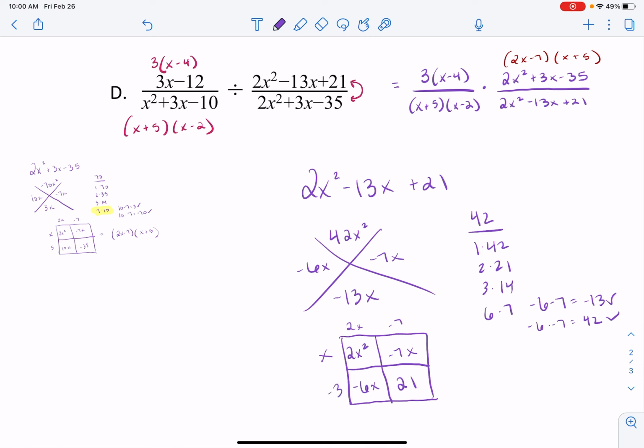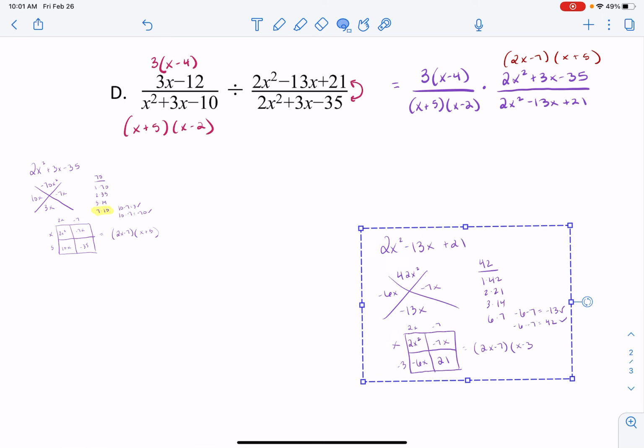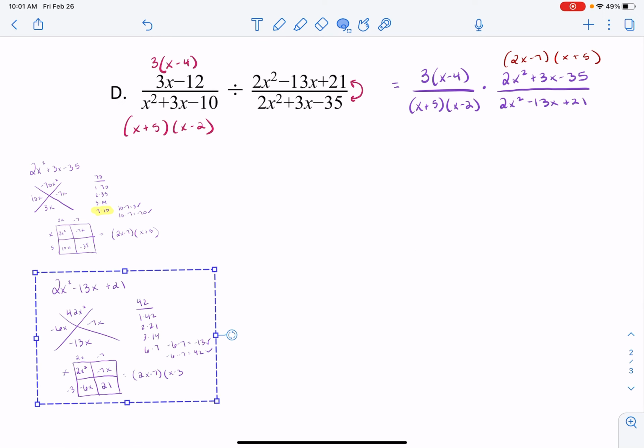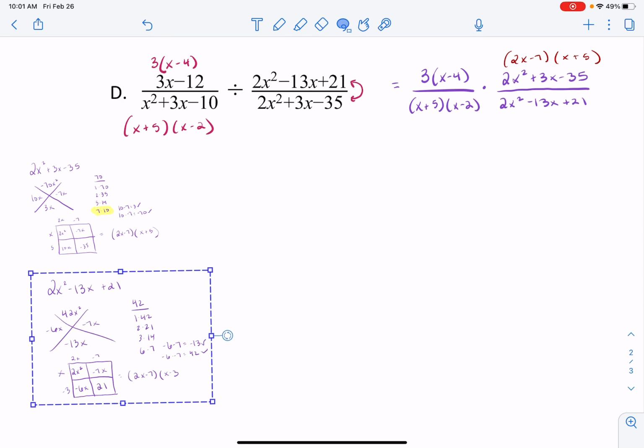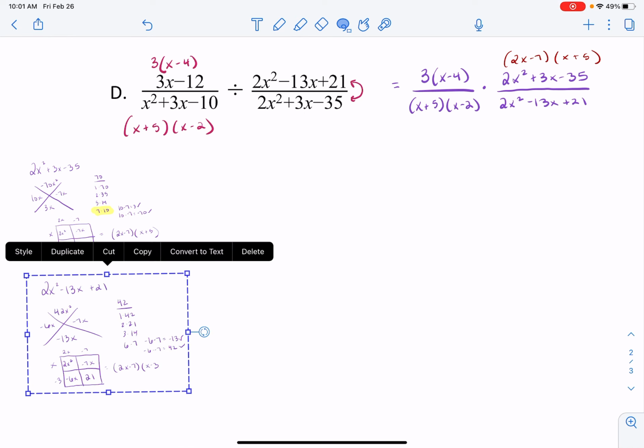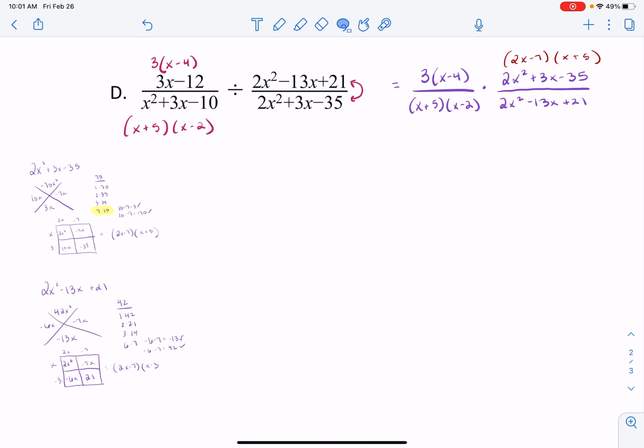So this leaves me with 2x minus 7 times x minus 3. So I'm going to go ahead and make a note. So that's 2x minus 7 times x minus 3.